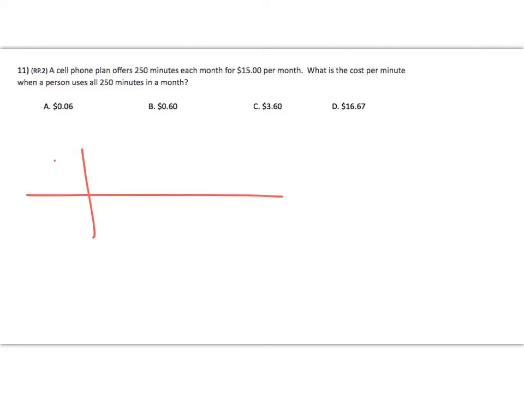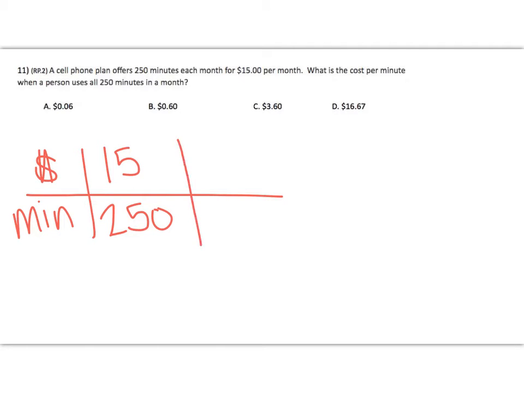The things I'm comparing is the cost, or the dollars, and the minutes. So the dollars that we're paying per month is $15, and you get 250 minutes per month.